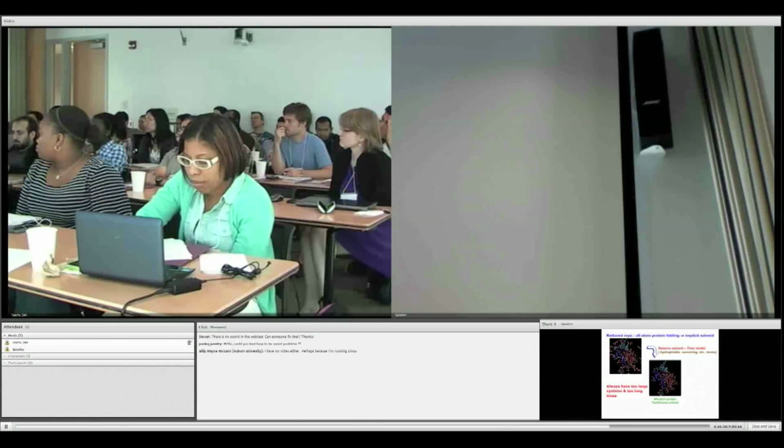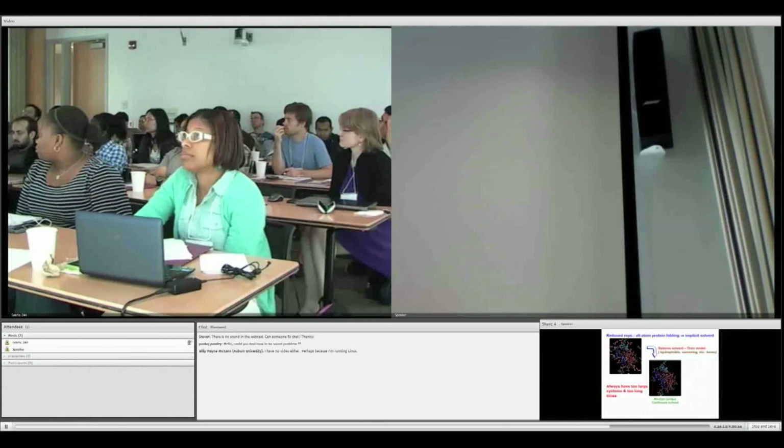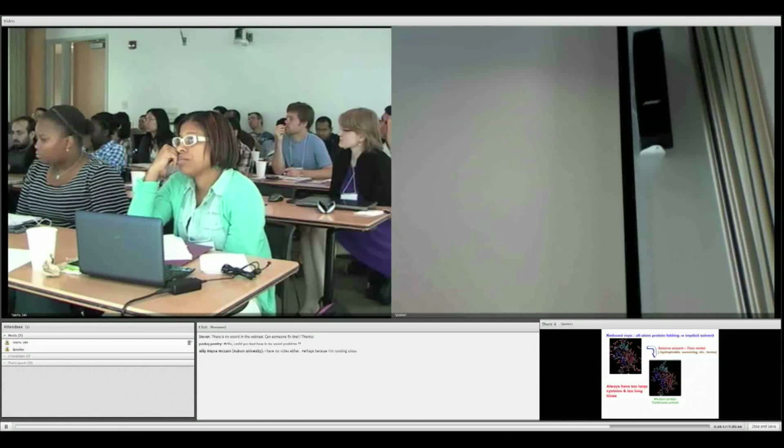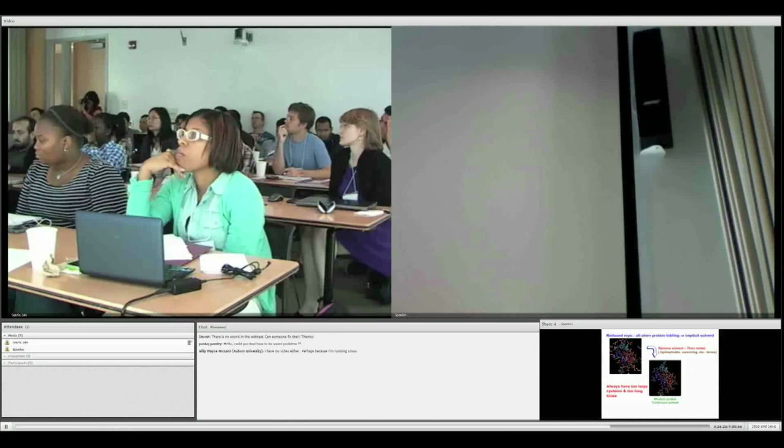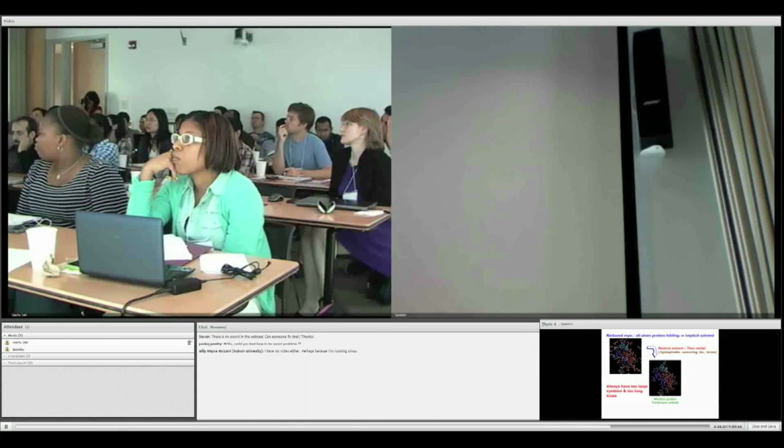The kind we're dealing with are ones where we have physics-based potential functions for the solute, and we want to add to that a model for the solvent, get rid of the solvent, and model it somehow.